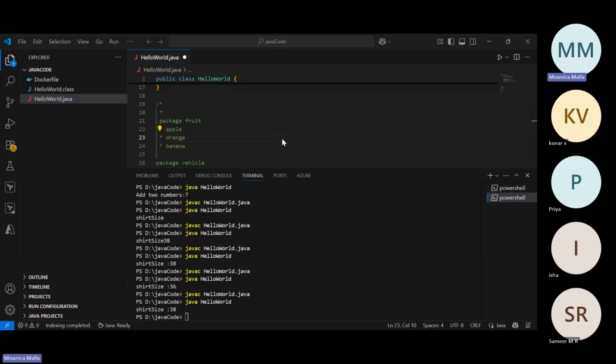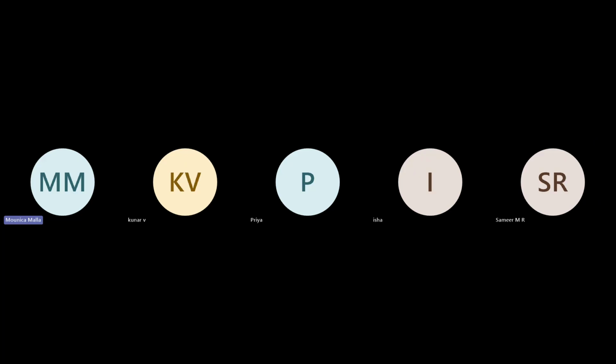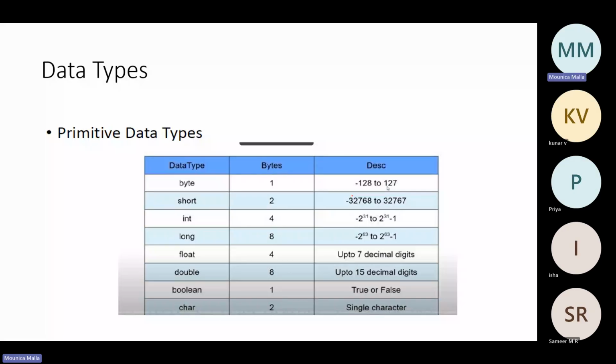So now let me share my screen for a few discussions related to data types. A lot of information we will be dealing with here. A good programmer should know how to select the data types. So I'm helping you to guide how you can select your data type.